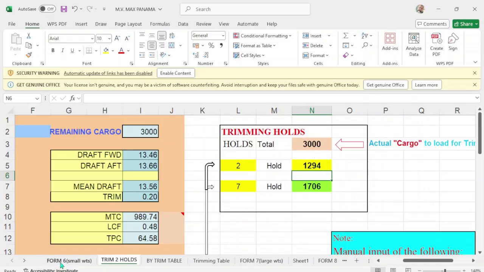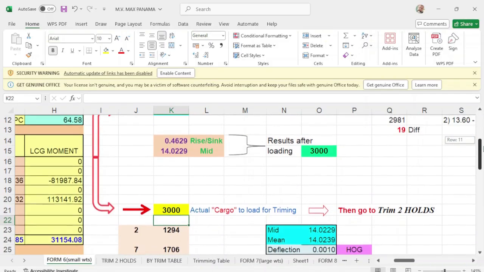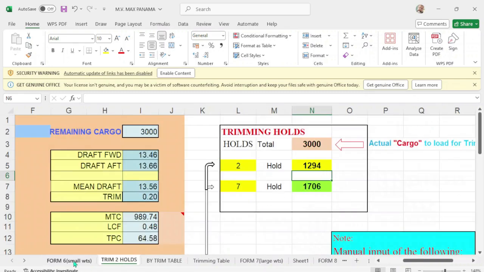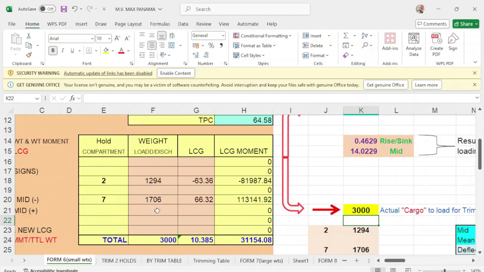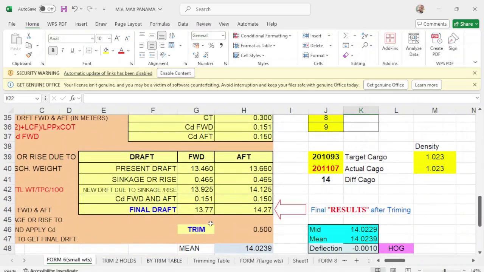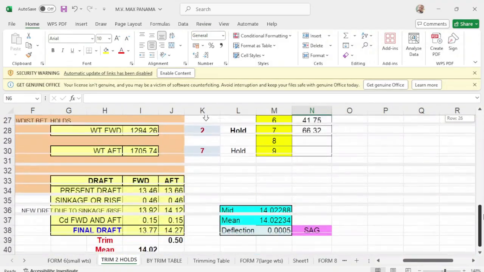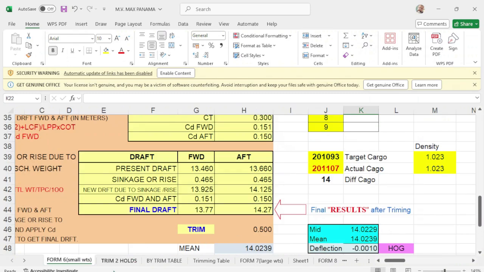So we go to form 6, and you scroll down. Number 2 is 1294, which is this one. And number 7 is 1706, and we have 1706 in number 7. And what will be your departure drop? Departure drop is forward 1377, which is the same here, and up drop is 1427, the same here.